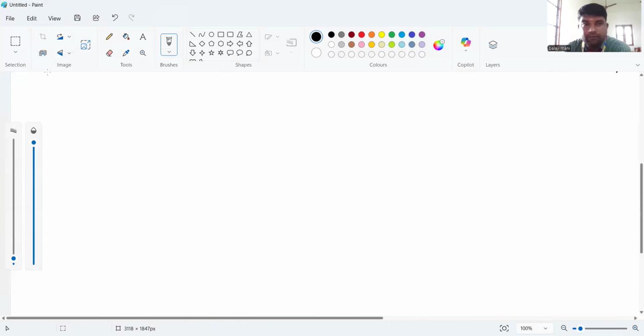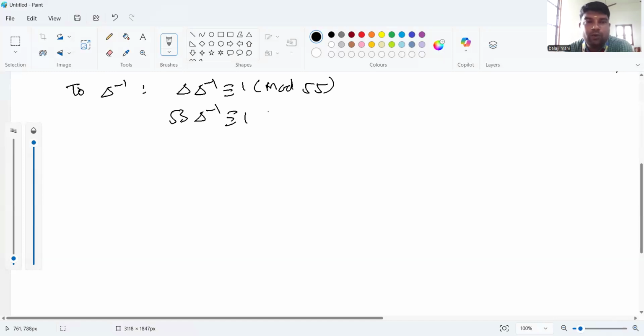Next, find the del inverse. Using the congruence, del inverse times del is congruent to 1 mod 55. Already we obtained the del value, so del is 53, and del inverse times 53 is congruent to 1 modulo 55.